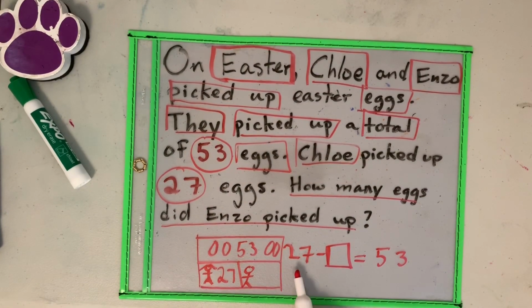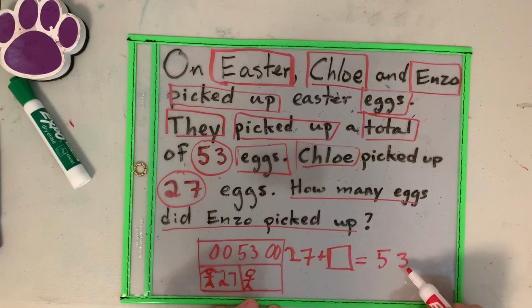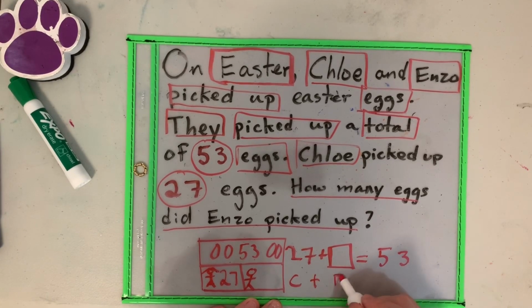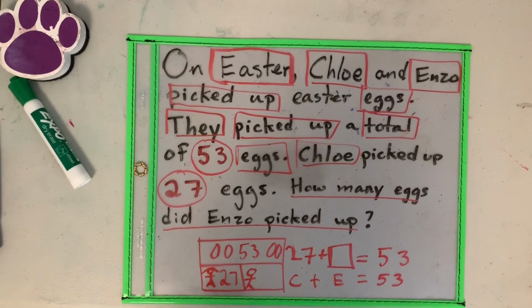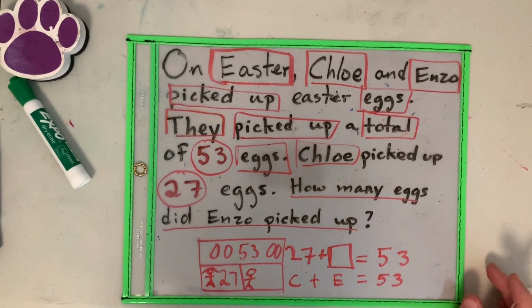So how many did Enzo pick up? We know that Chloe plus Enzo equals 53. This is Chloe, C plus E equals 53. Okay? Now, let's make it work. Let's do our strategies.